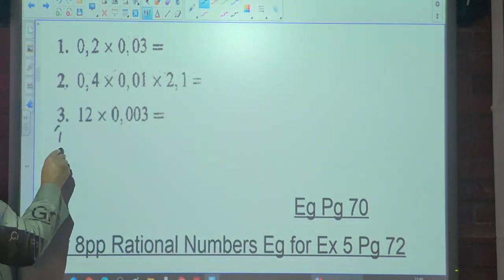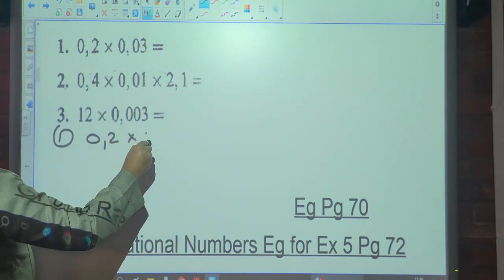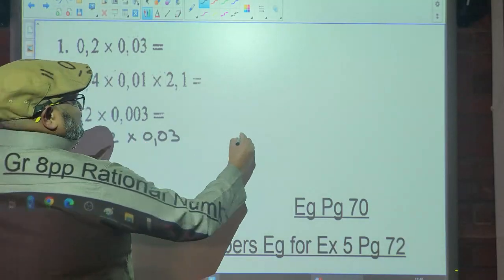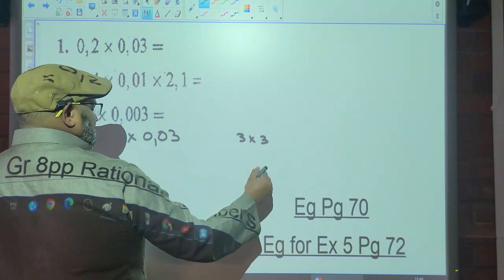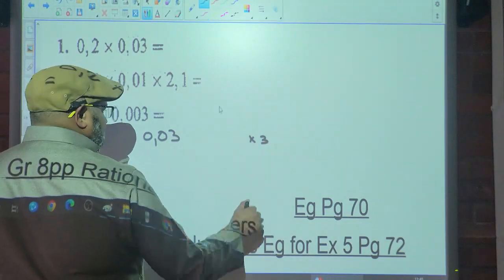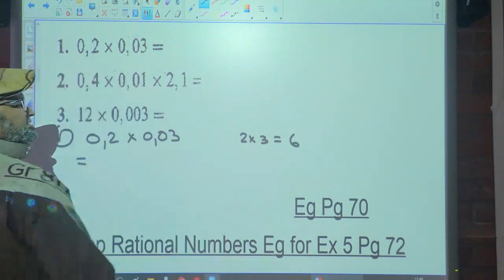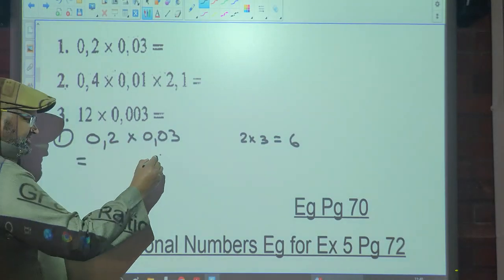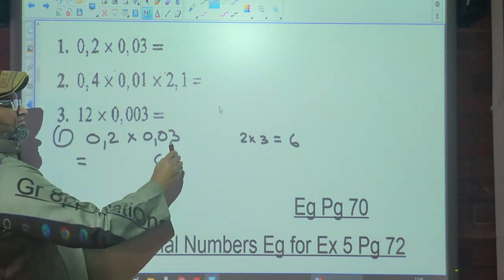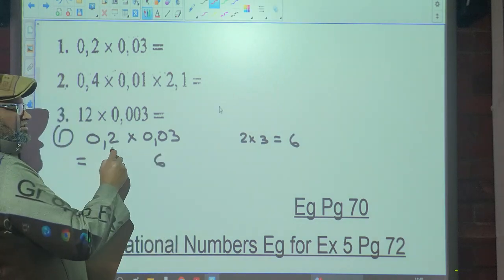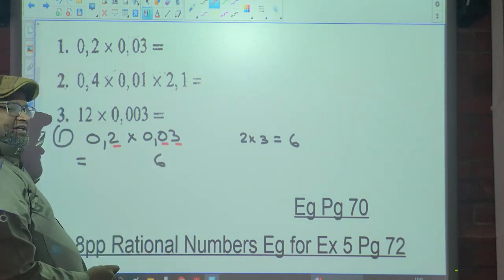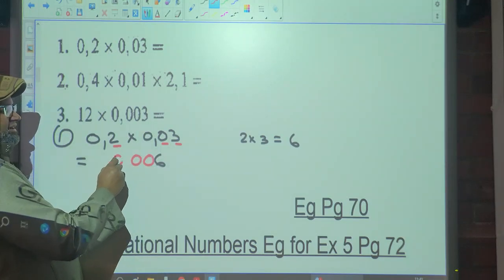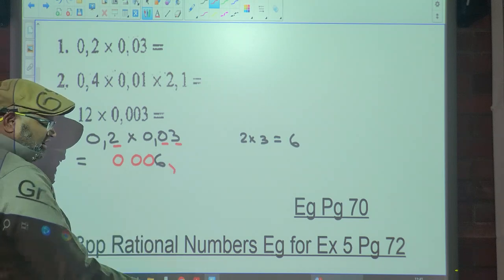So let's look at the first one. Number 1. 0,2 times 0,003. So we say 2 multiplied by 3. What's 2 multiplied by 3? 6. So now we count the decimals after the comma. So it's 1, 2, 3 decimals. So here must be 3. Currently the comma is lying there.